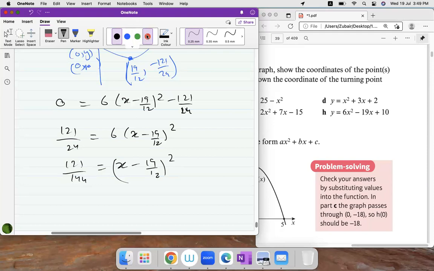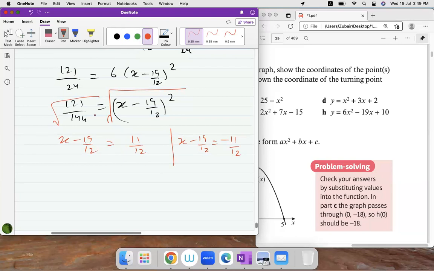Square root both sides: x minus 19 by 12 is equal to 11 by 12, and x minus 19 by 12 is equal to negative 11 by 12. So x is equal to 11 by 12 plus 19 by 12, which is 5 by 2. And 19 by 12 minus 11 by 12 is 2 by 3.